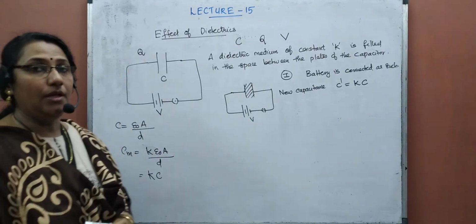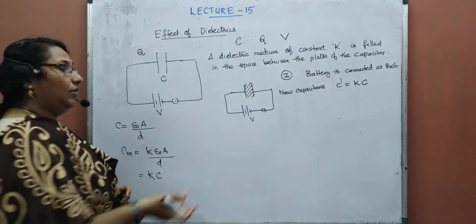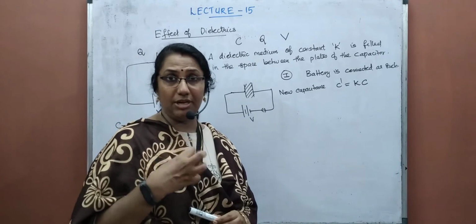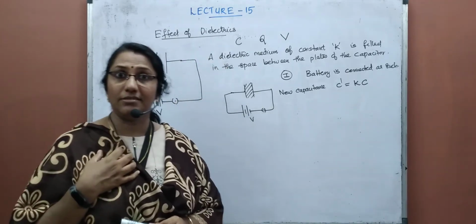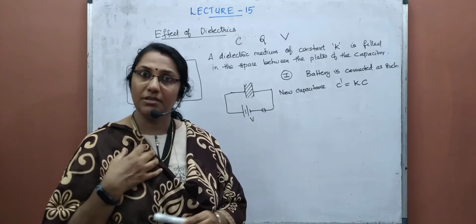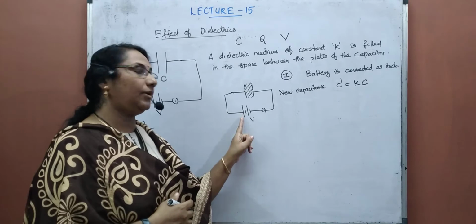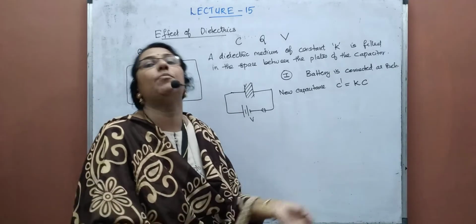Okay. When the capacitance increases, what happens to the charge? Capacitance is the ability to store charge. When my ability to store charge increases, surely the charge increases, because the battery is doing work. It is providing potential.